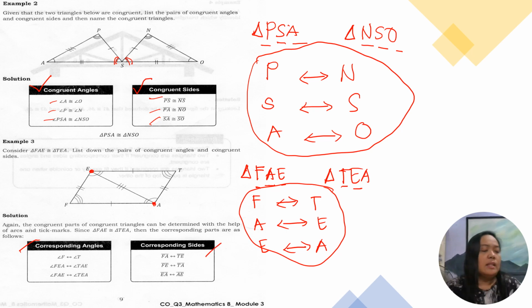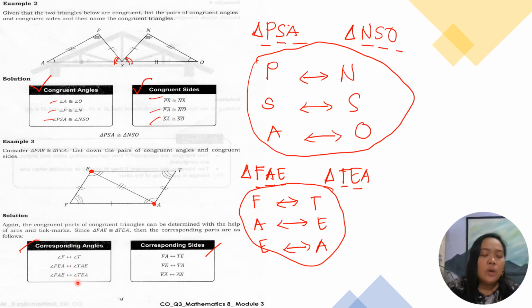Shall we begin? Remember, there are tick marks that correspond to the tick marks of another triangle, as well as there are arcs that correspond to the corresponding arc of another triangle. So we have the first pair of corresponding angles. We have angle F, which corresponds to angle T. Notice that they have the same number of arcs.